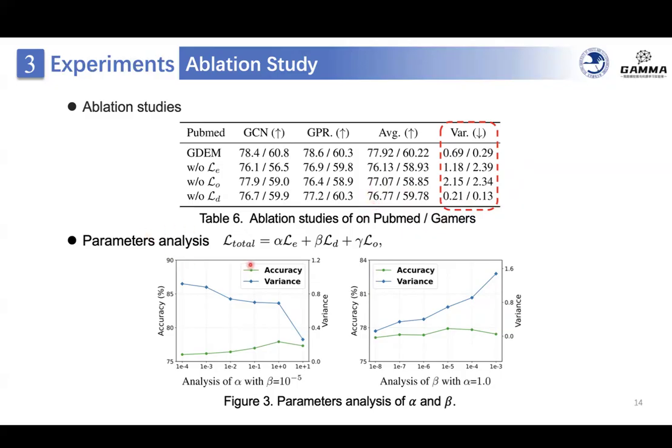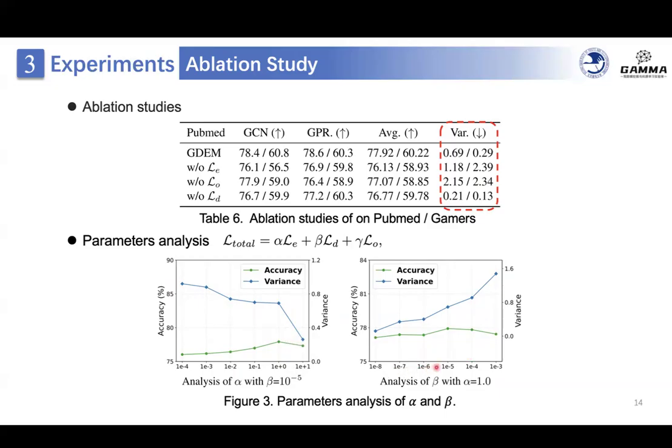And the hyperparameter analysis is shown in these figures. The green lines mean the average accuracy, and the blue lines mean variance. We can observe that as alpha increases, the variance gradually declines, indicating better generalization. However, a larger value of alpha leads to a slight drop in the average accuracy.